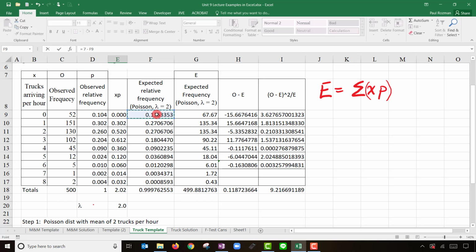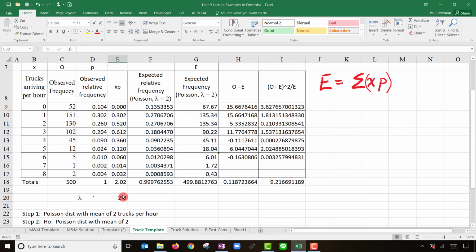To get these expected values, what did we need from the data? Obviously, we always need the 500, so it's always at least 1. But we also needed to figure out what lambda was. So basically, we calculated lambda in order to calculate these probabilities in order to get these expected values.